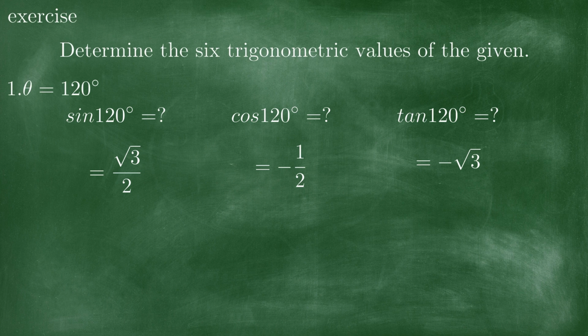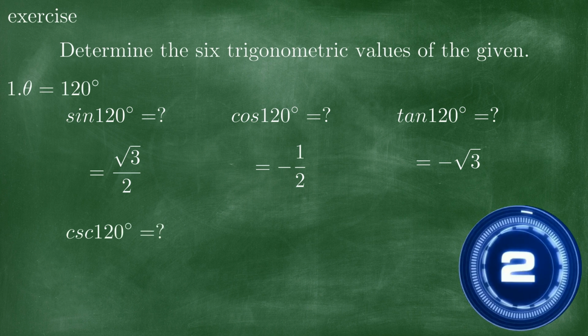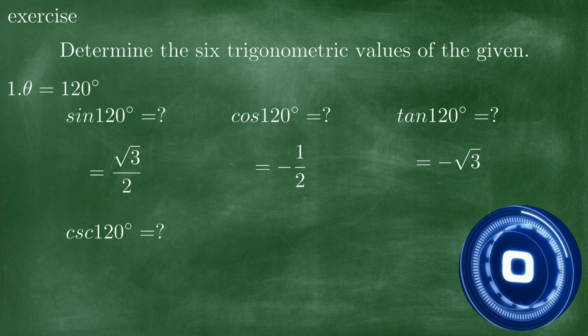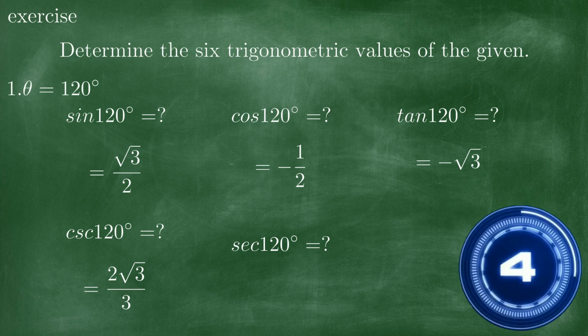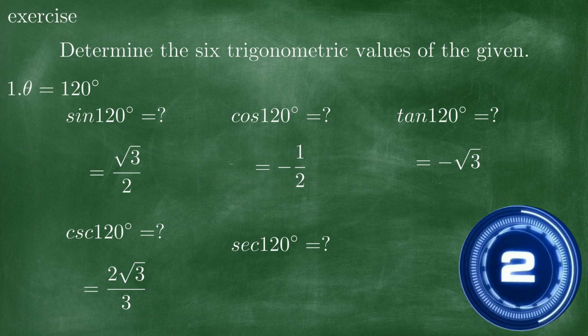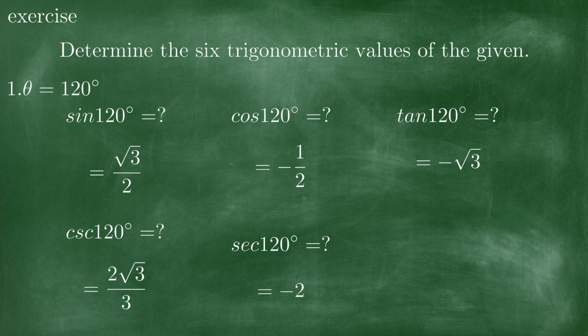That is negative square root of 3. Next, cosecant 120 degrees. Splendid! That is 2 square root of 3 over 3. Next, secant 120 degrees. Magnificent! That is negative 2.